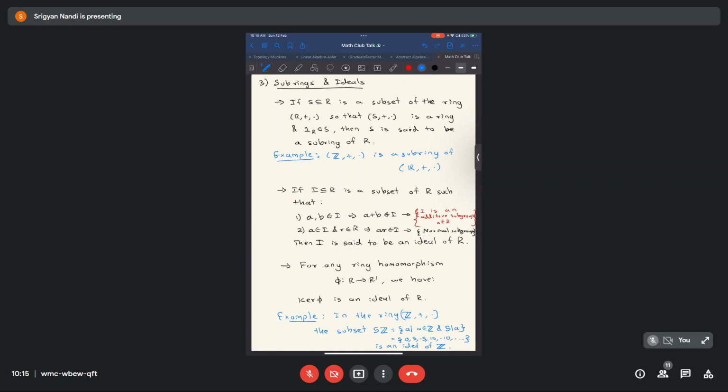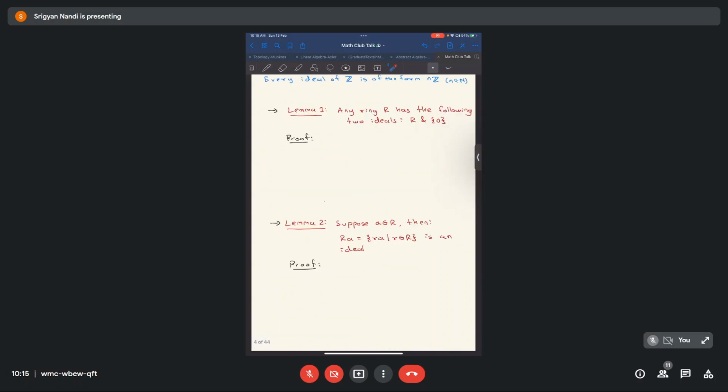If an ideal was a subring, then it has to contain the multiplicative identity of R. But if it does, then from the second property, for any r belonging to R, r times 1 should belong to I, which would imply I is R. So if an ideal is a subring of R, then it is the whole ring R itself. No other ideal of R is actually a subring of R, since no other ideal of R contains the multiplicative identity.